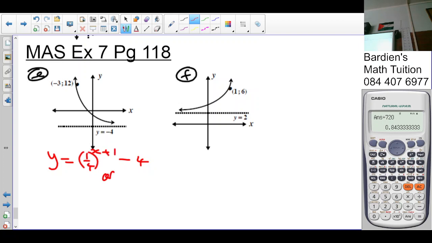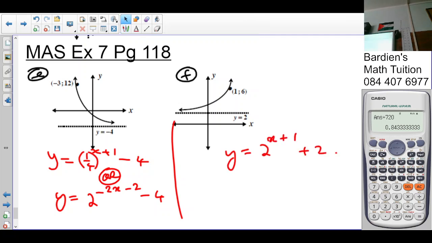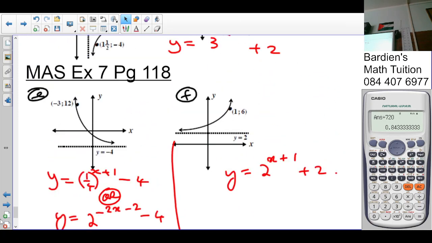This could also be written as y is equal to 2 to the negative 2x minus 2 minus 4. That's an equivalent answer, okay? Next. Y is equal to 2 to the power of x plus 1 plus 2. Okay? Next. That's it.